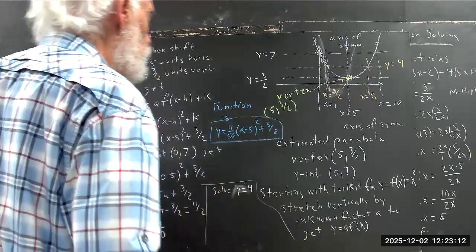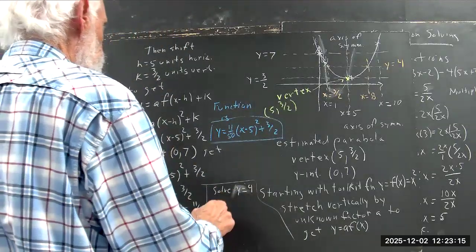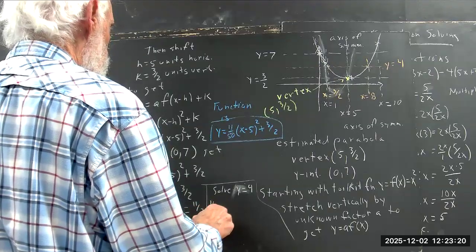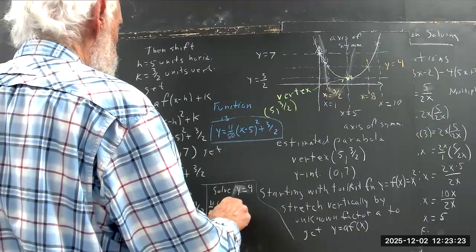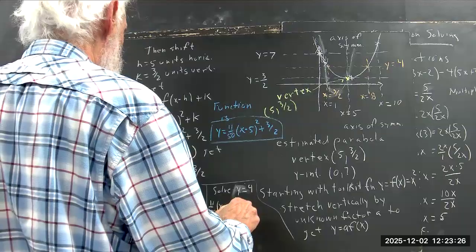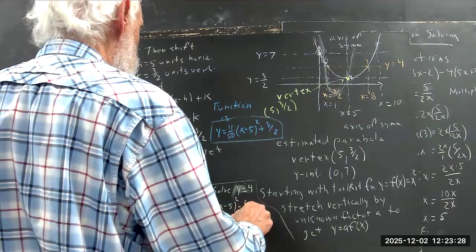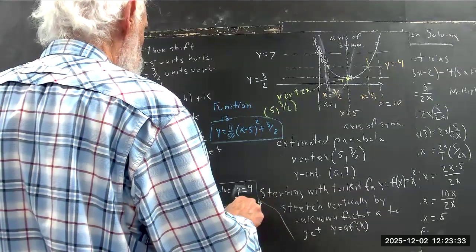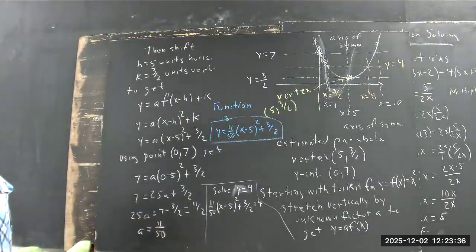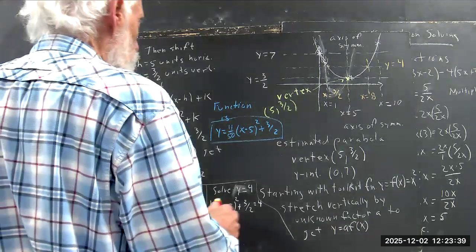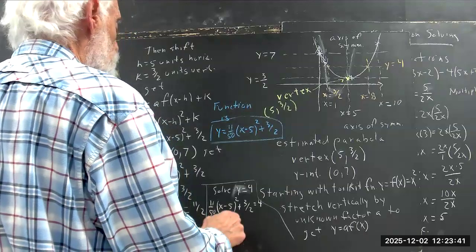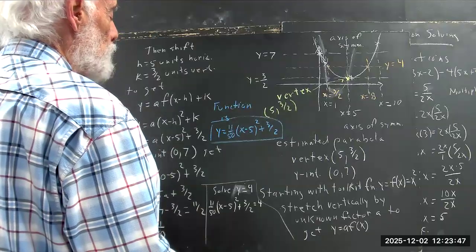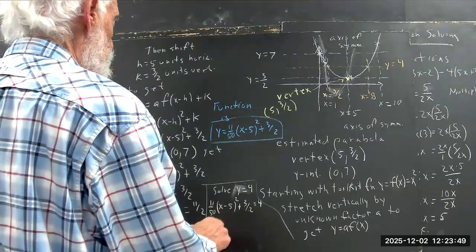Solve the equation y equals 4. Well, y equals 11/50 of (x minus 5) squared minus 3 halves plus 3 halves equals 4. How do we solve this? I'm going to multiply both sides by 50.